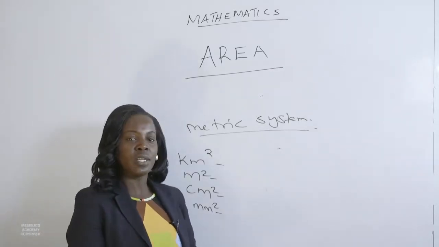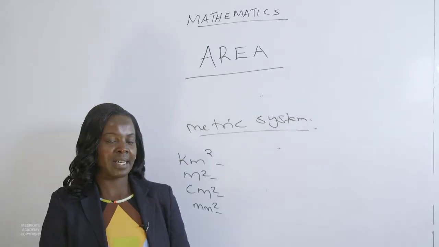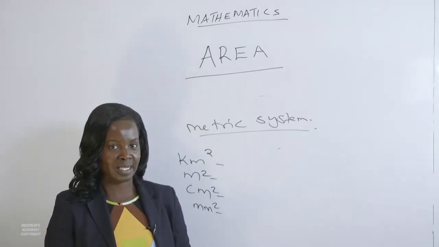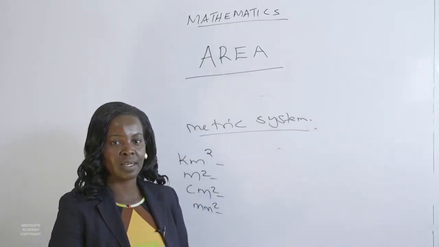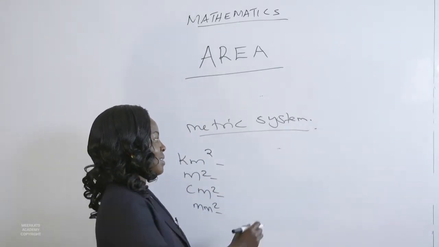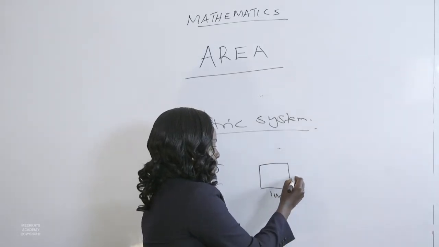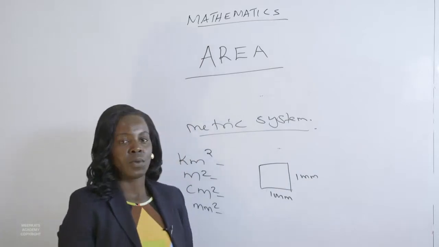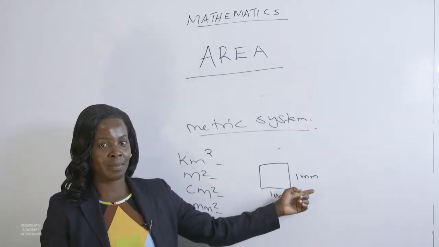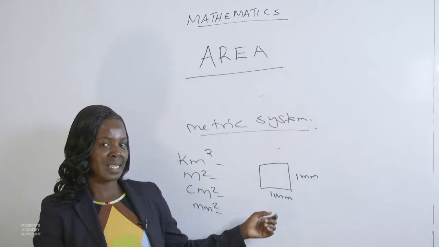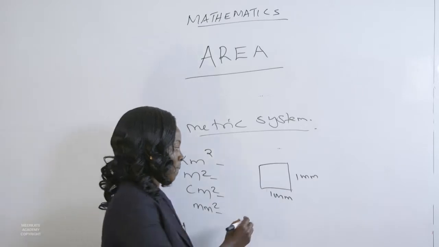So the units of measuring area are square units. How do we get the square units? We have seen, using our previous example, that one small square measures 1 millimeter by 1 millimeter. For us to be able to get the area inside this, we say 1 millimeter by 1 millimeter.